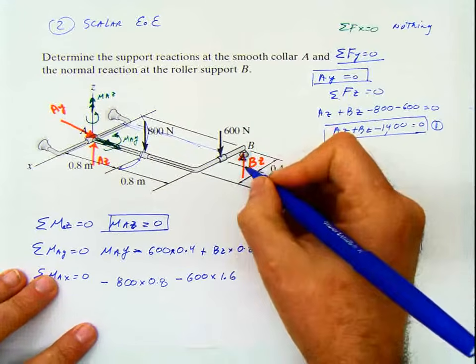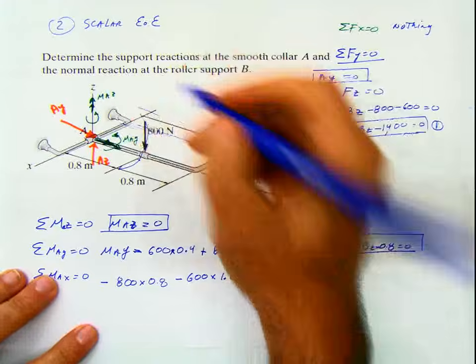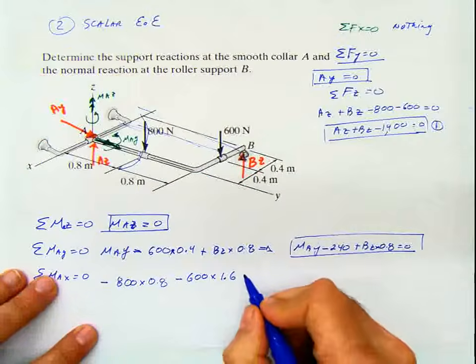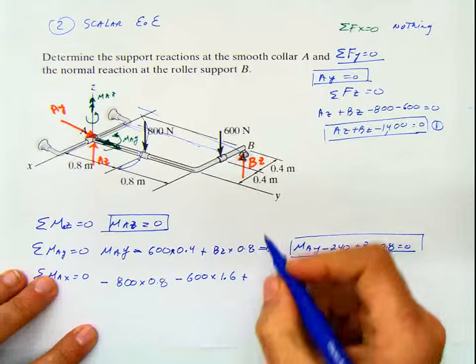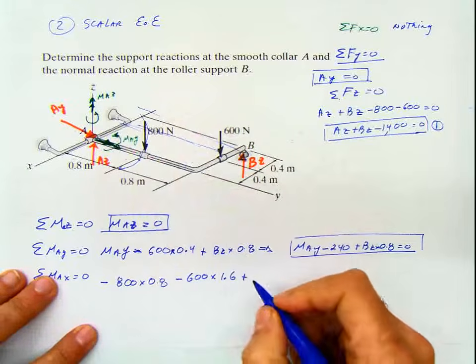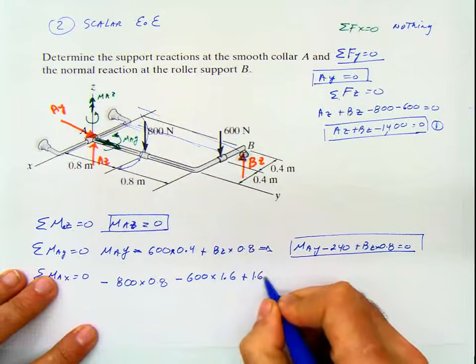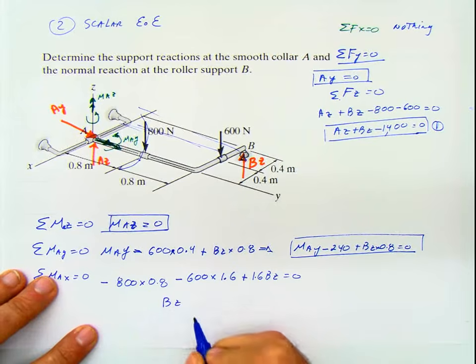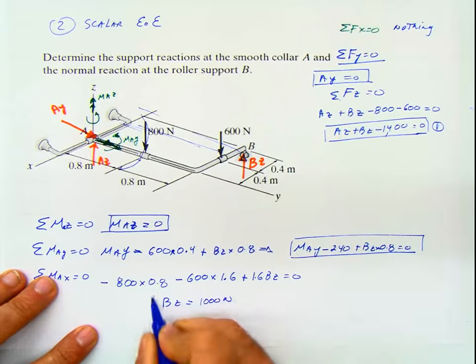And this force, same distance, is going to produce a rotation in the other direction, so it's going to be plus 1.6 BZ equals 0.